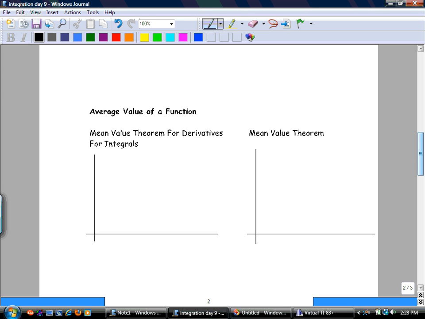Mean value theorem for derivatives. What is the mean value theorem for derivatives? Holy, you got it memorized? That's awesome.